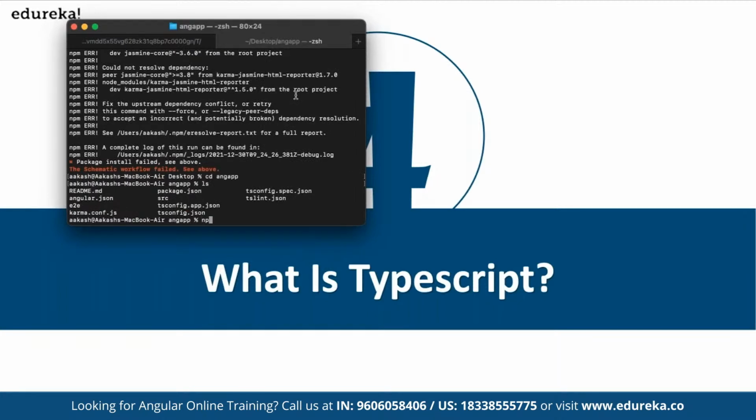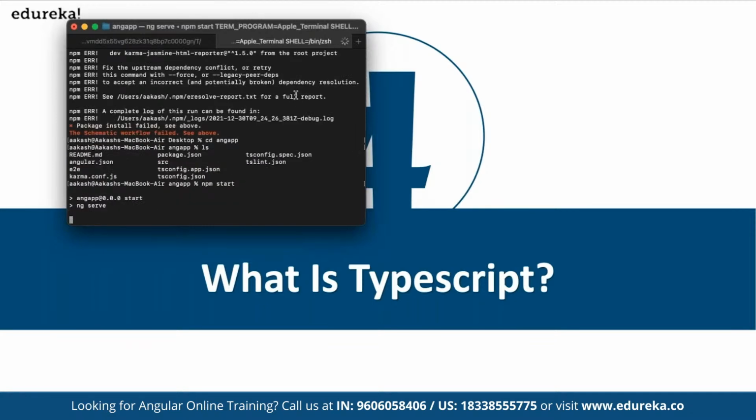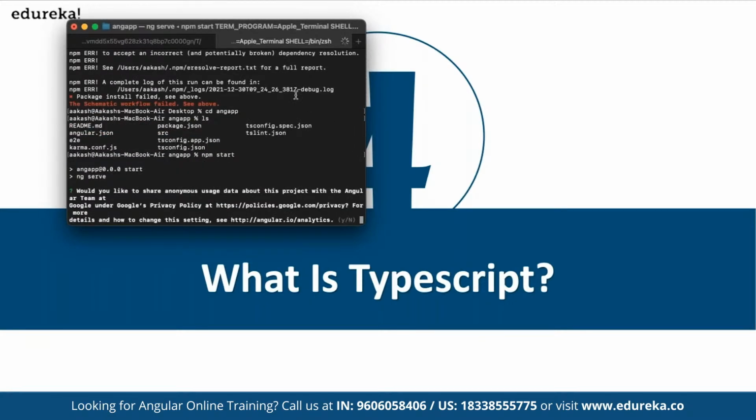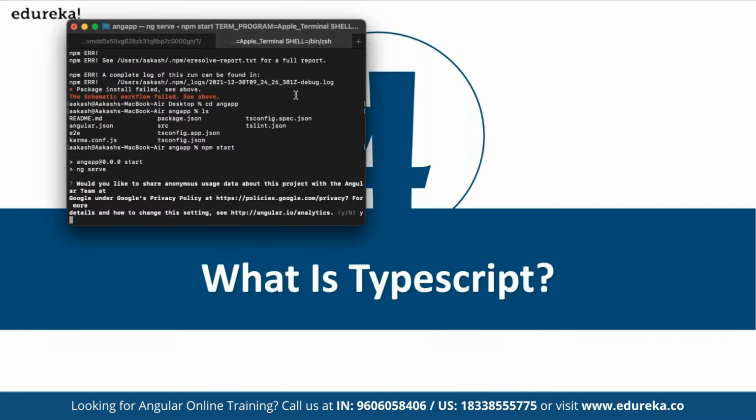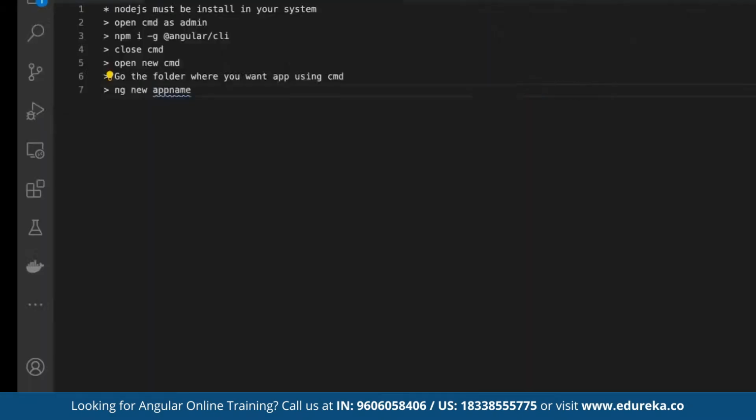Let's try to run this. To run it, write npm start. ng serve or npm start both mean the same thing, guys. When you do that, the default port number over which this Angular app runs is localhost 4200.